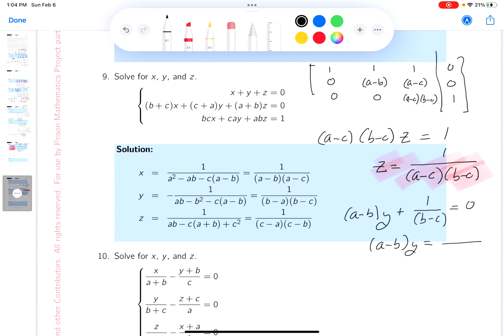Let me see if I did this right. So it's going to be minus 1 over B minus C. And then Y will equal minus 1 over A minus B, B minus C. By the way, you can clean that up a little tiny bit if you want.